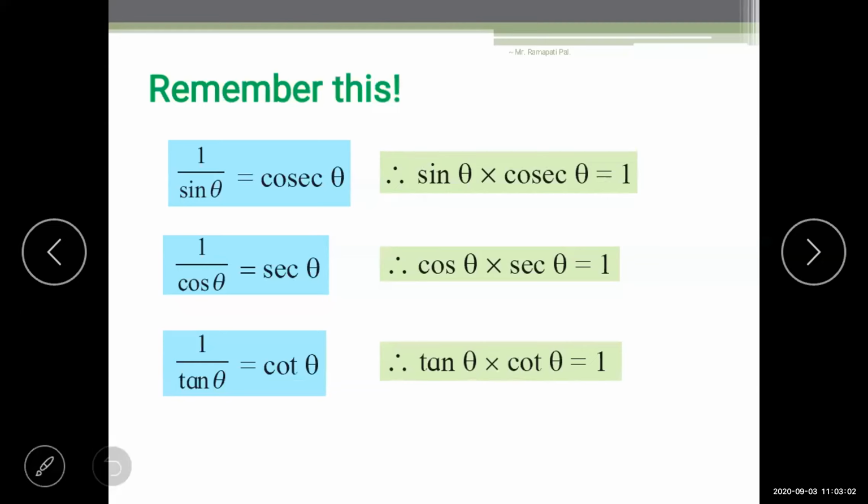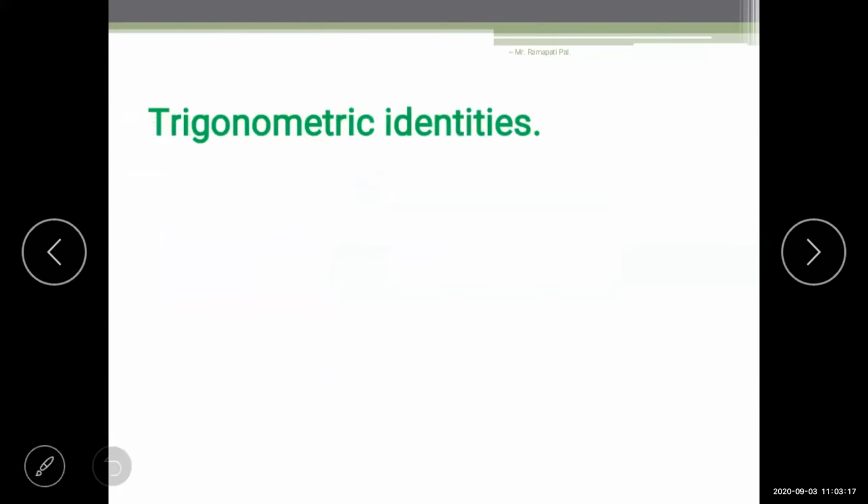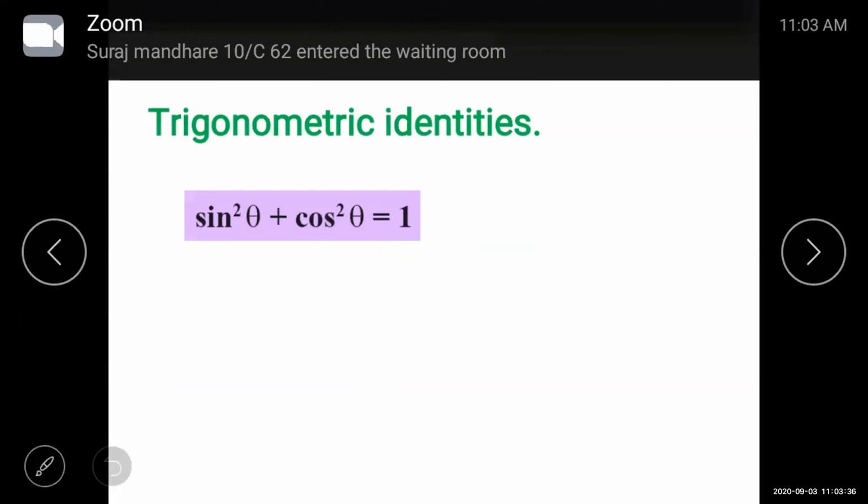So you are ready to come to trigonometric identities. Let's start trigonometry identities. We will see what are the formulas of trigonometry identities. Sin square theta plus cos square theta is equal to 1. So here we can say that sin square theta is equal to 1 minus cos square theta.